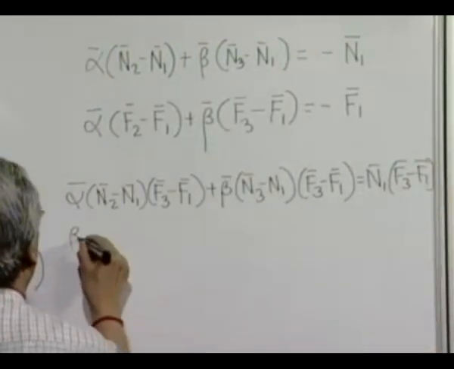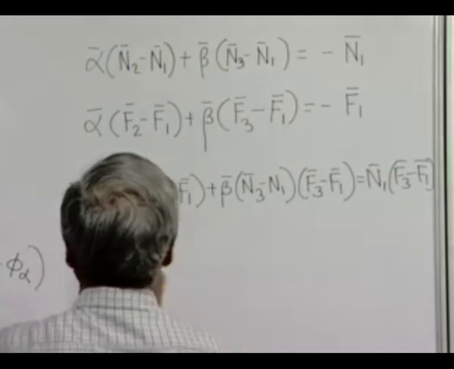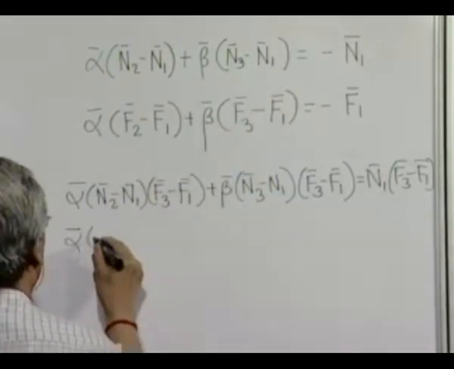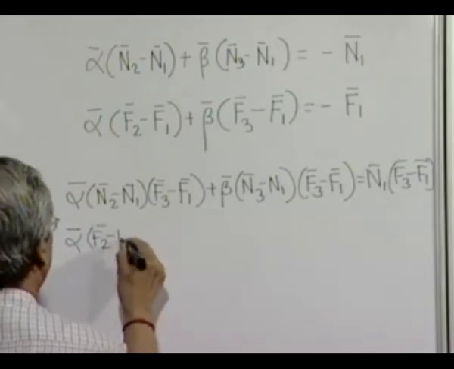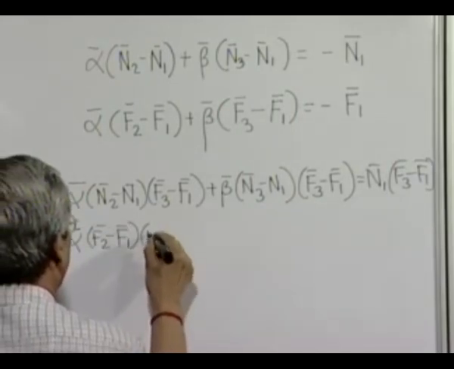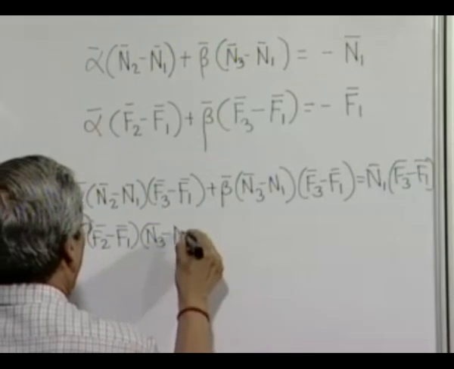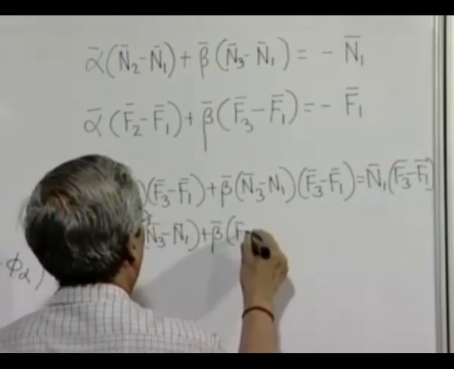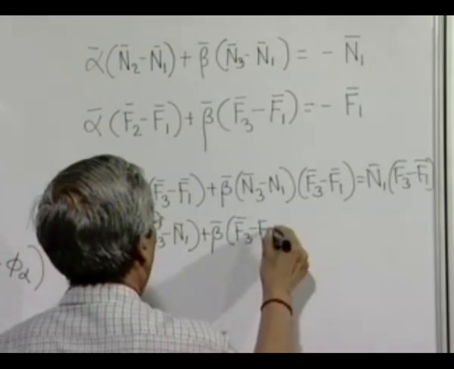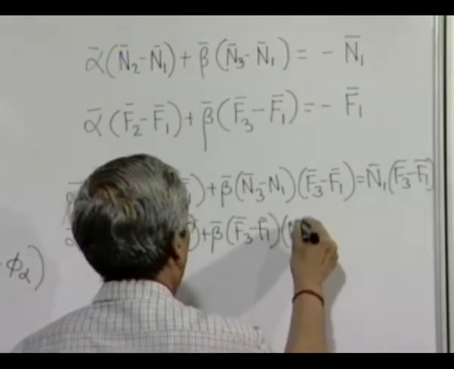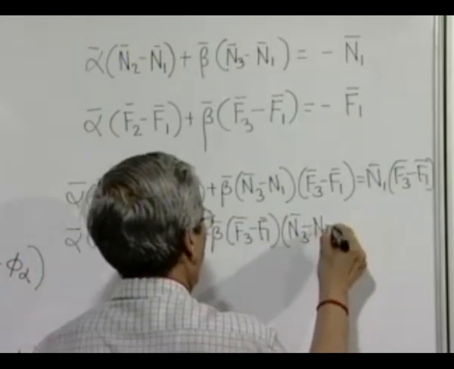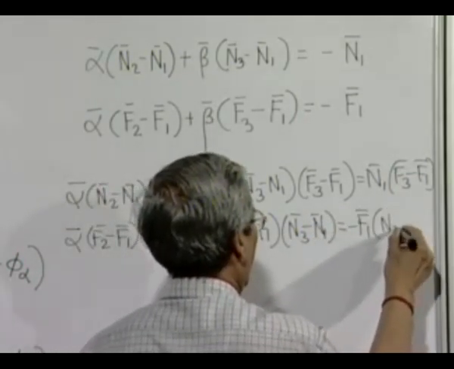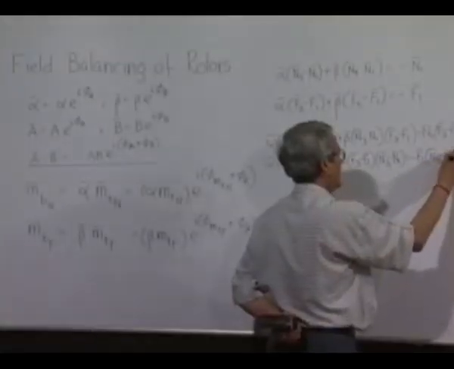Similarly, we multiply this one by N3 minus N1. This is the standard thing.